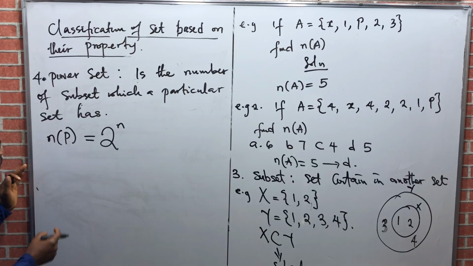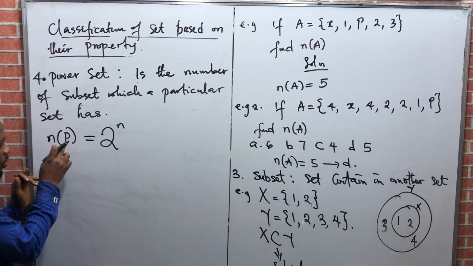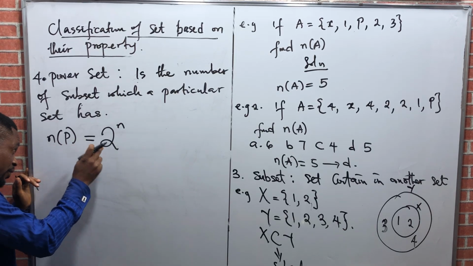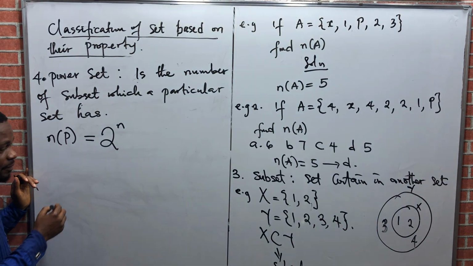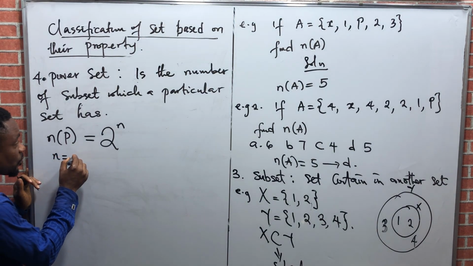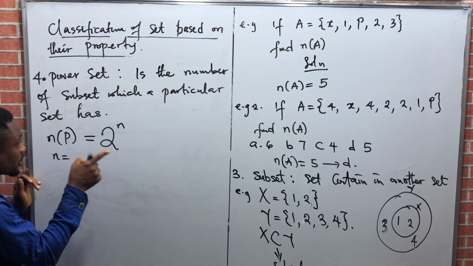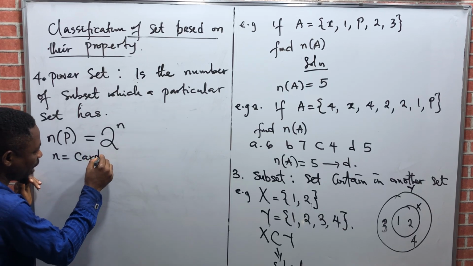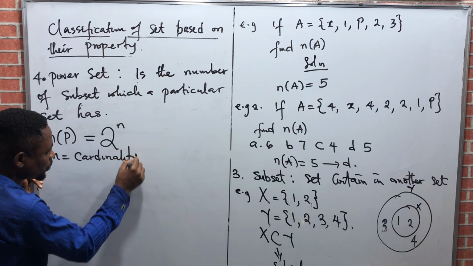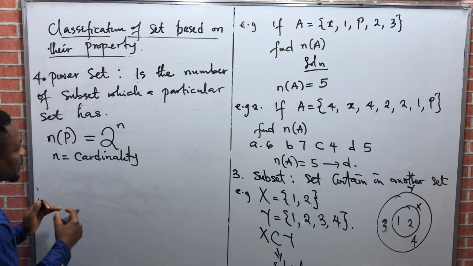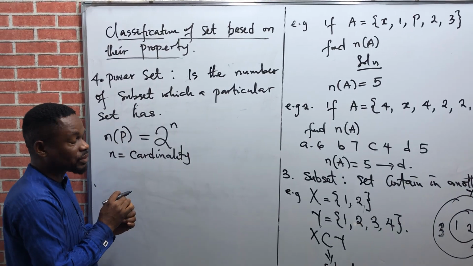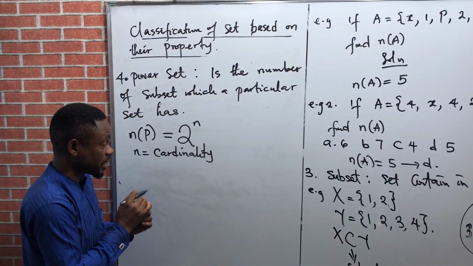N. So anytime you hear the cardinality of the power set, the formula is 2 raised to power n, where n signifies what? I've discussed it. N signifies cardinality, which I said before, cardinal set is the number of items contained in set A.